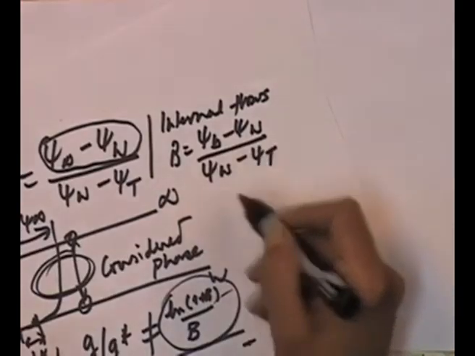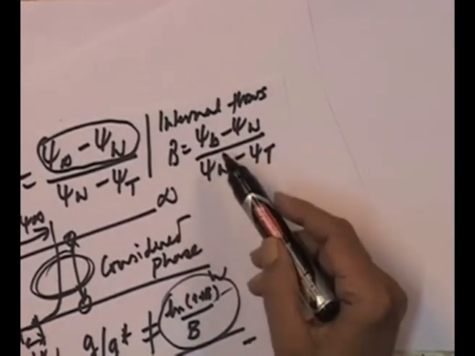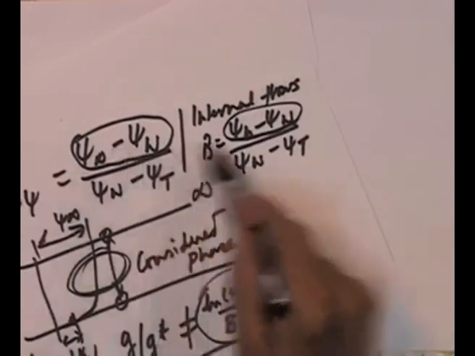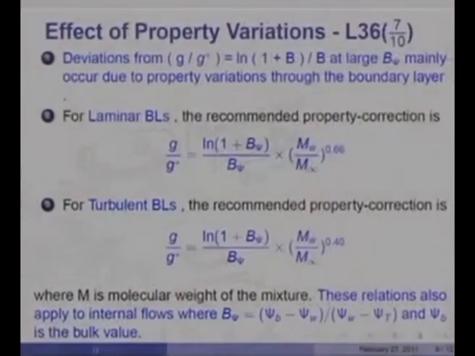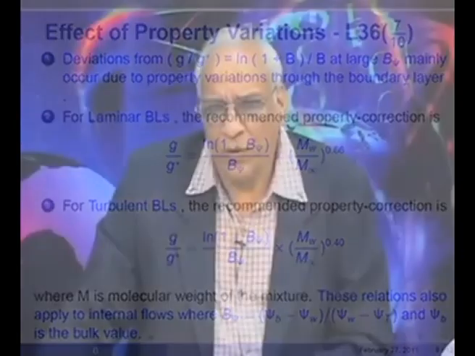So, that is the only difference, quite analogous to what we do in heat transfer, where we define heat transfer based on the bulk value and wall value in internal flows, whereas we define it based on infinity and wall value in external boundary layers. So, with that change, you simply interpret B psi equal to psi b minus psi wall divided by psi wall minus psi t, and psi b is the bulk value calculated as usual from integration of the axial velocity profile and psi profile.